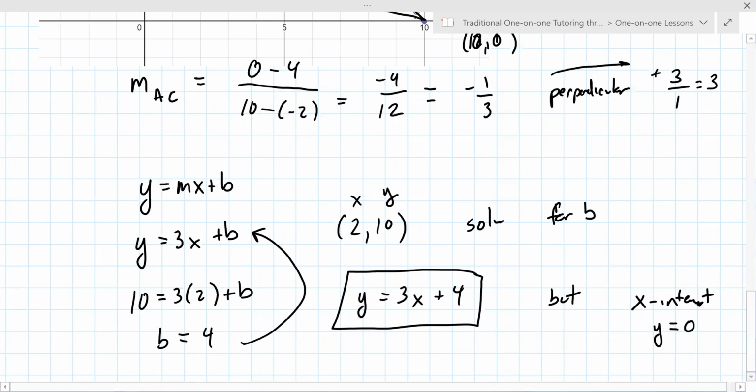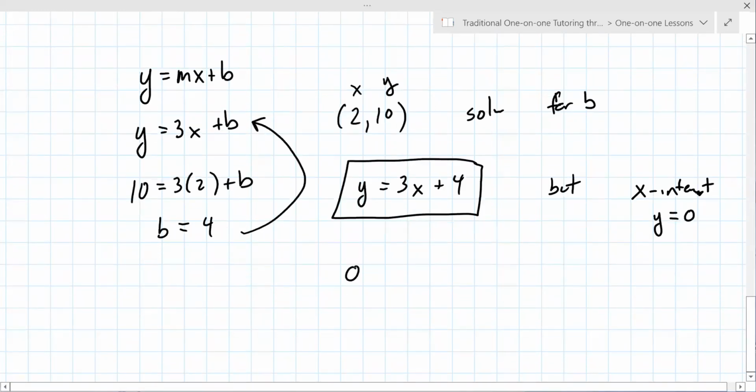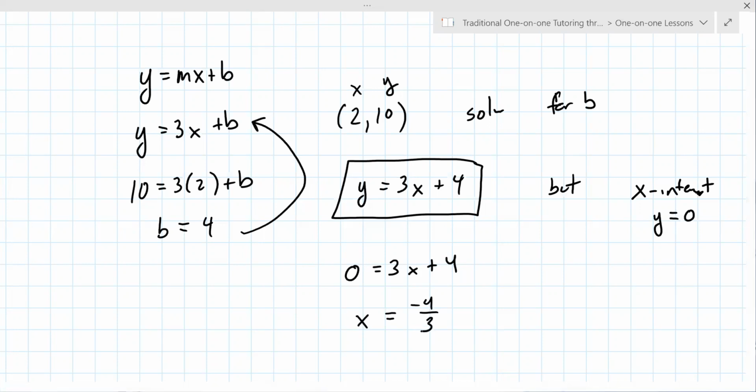So 0 equals 3x plus 4. You're putting 0 in for y and solving for x. So would I subtract 4? Yes. It equals minus 4/3, and that's it. That's your proof that you did it, and also just solving it.